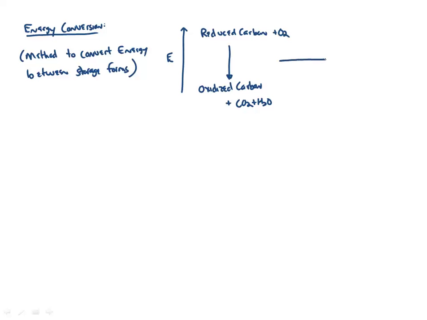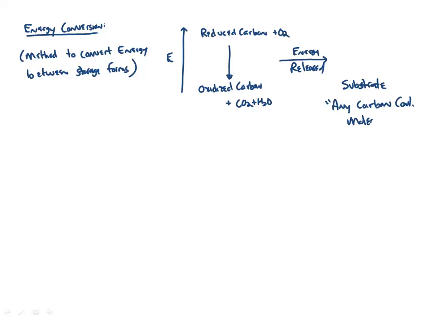The idea is that we take that energy that's released and we need to be able to convert it into a different storage form. The way we do that is we can take substrate molecules, and this is essentially, and I'm going to put this in quotes, any carbon containing compound.